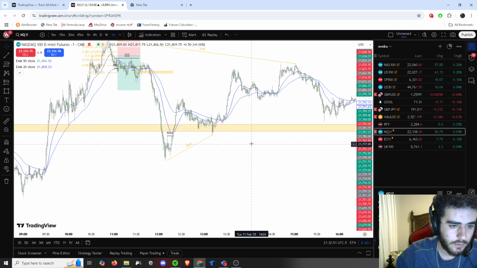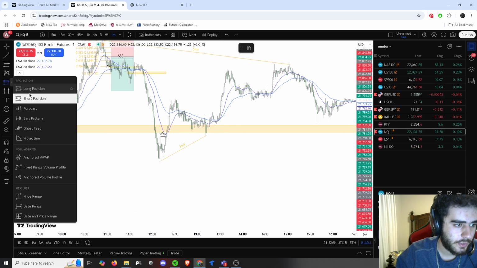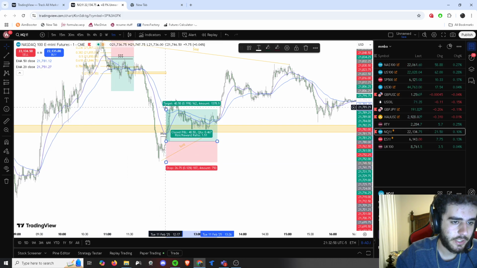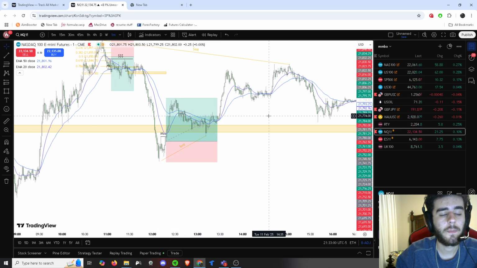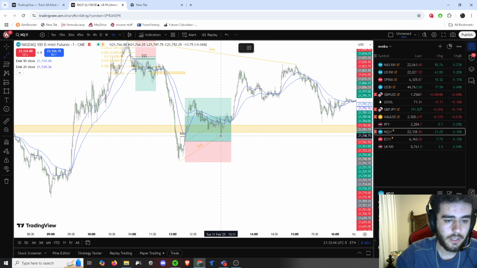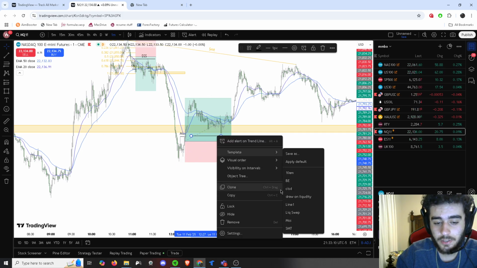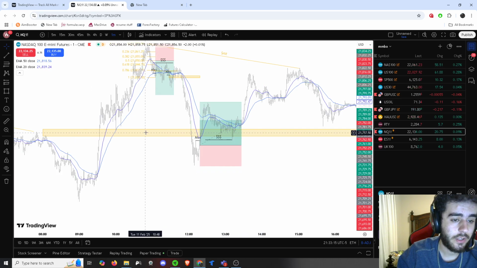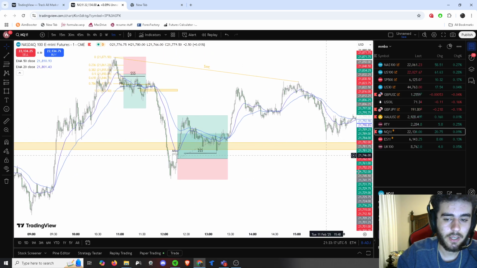Market structure shifts. No return to fair value gap. Unfortunately, it ran without us. Not a problem. Because this, let's get rid of this, is another liquidity sweep and tapped into this 1 hour gap again, swept it again.